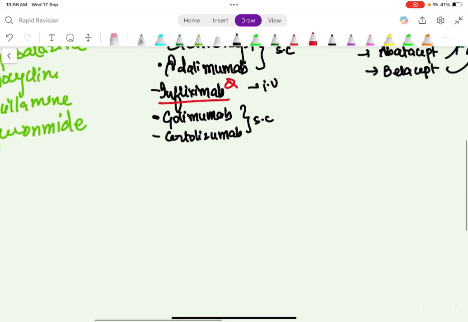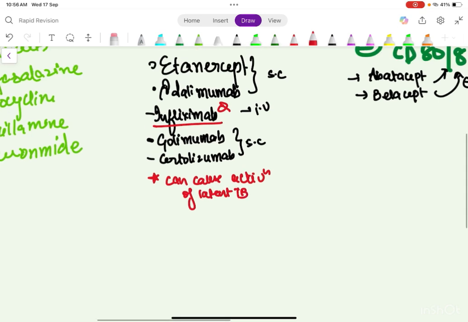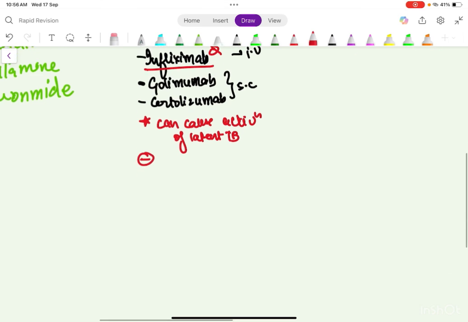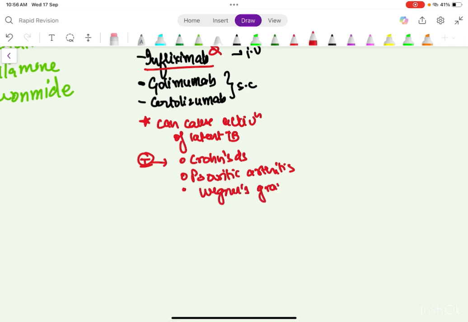Over here, it can cause activation of latent TB. Now these TNF alpha inhibitors are indicated in Crohn's disease, psoriatic arthritis, Wegener's granulomatosis, then sarcoidosis.